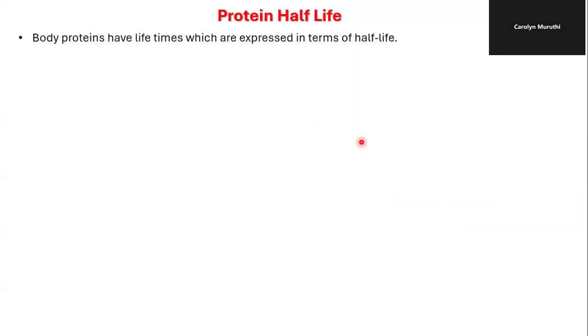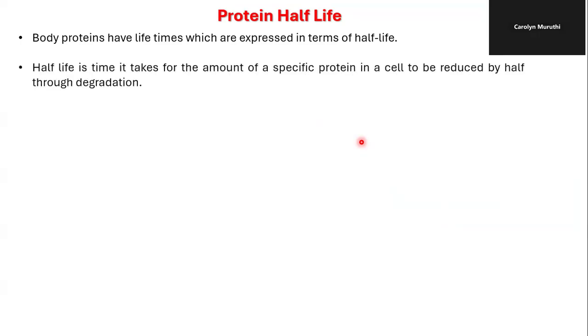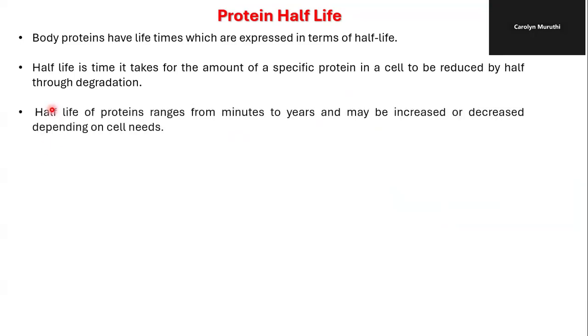So let us look at protein half-life. Body proteins have lifetimes, which are expressed in terms of half-life. This is the time it takes for the amount of a specific protein in a cell to be reduced by half, and this is done through degradation.